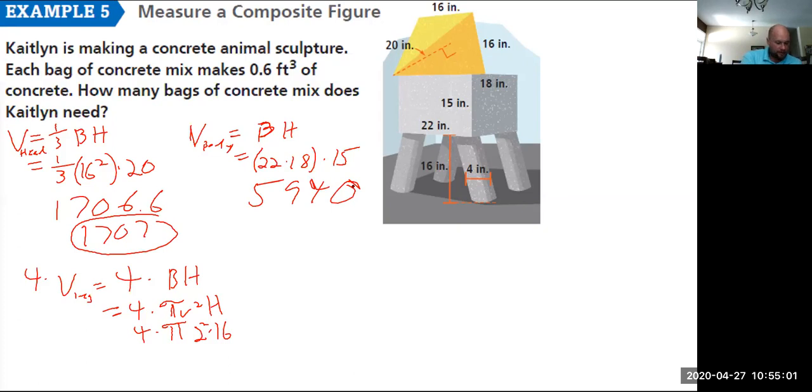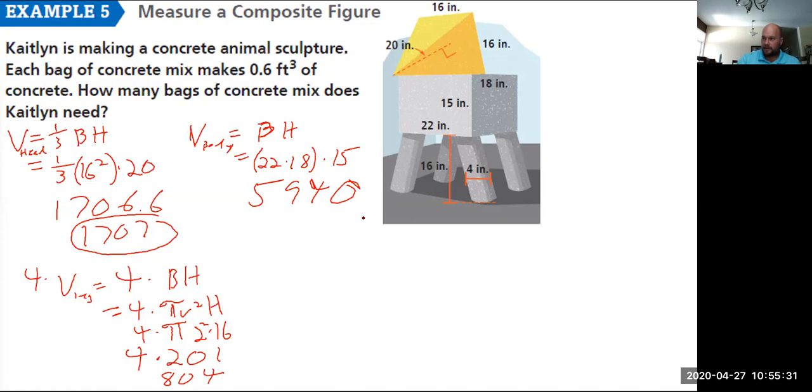For the leg, we have 4 times 16 times pi, 3.14. That's 201, pretty much, if we round it off. So we still have the 4 times 201. So got to multiply that by 4 since there's 4 legs, times 4. That's 804.